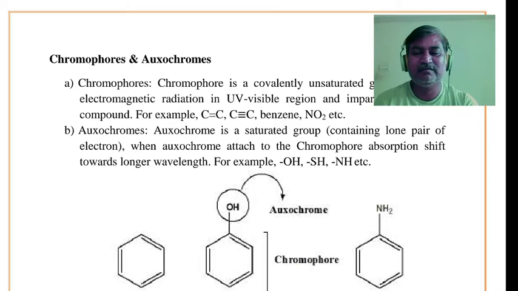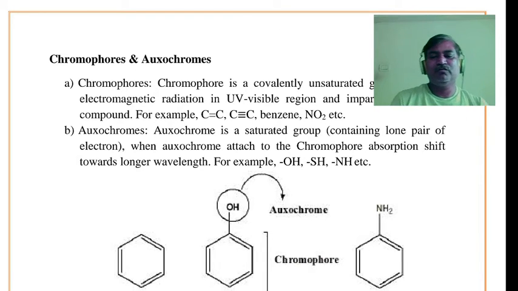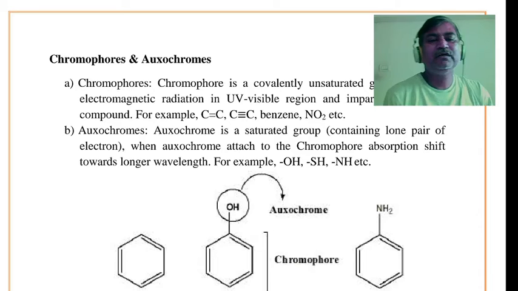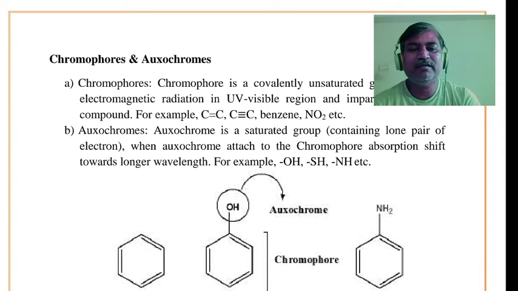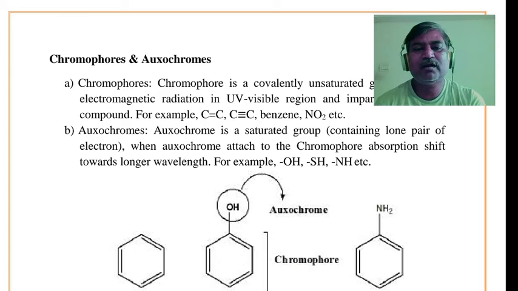That means the function of an auxochrome is to increase the lambda max value towards higher wavelength. So auxochromes are the saturated groups, and whenever attached to a chromophore, the absorption shifts towards longer wavelength.